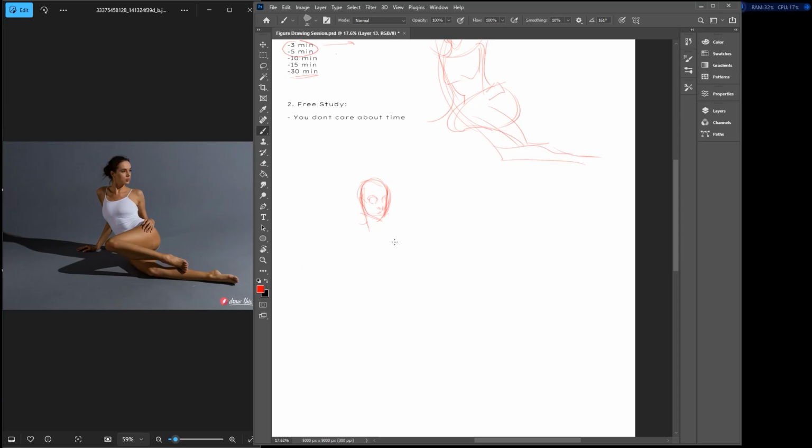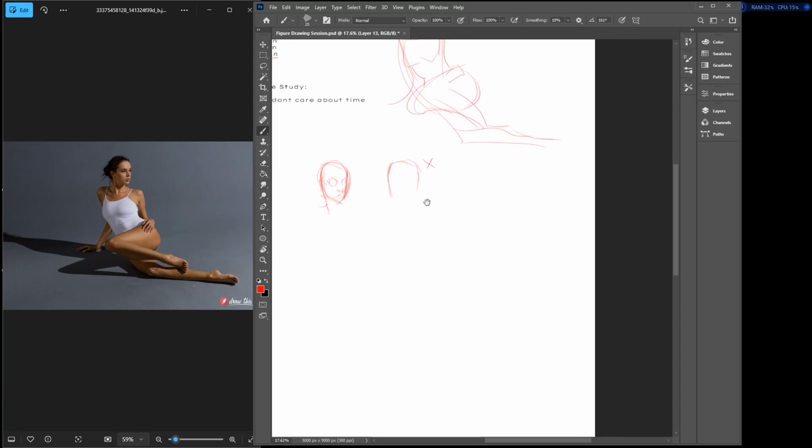this is actually a really important point. You see what I'm doing? I am doing lines like this, okay? And what are these lines? These are completely wrong. These are something that you do not want to draw in figure drawing. Actually, figure drawing teaches you how to draw like this, free form like this.